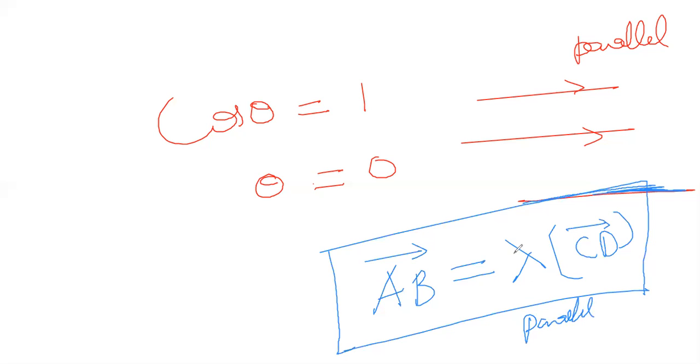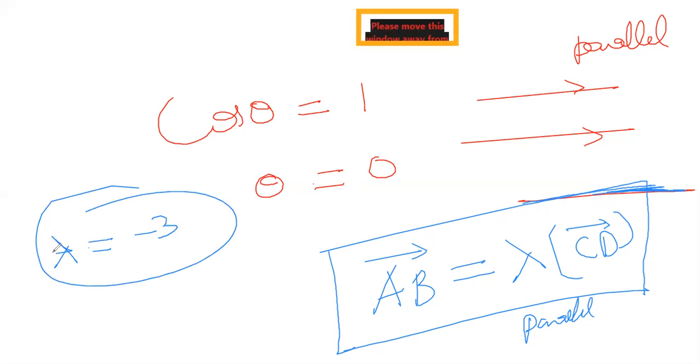And if lambda equals 1, they are said to be coincident lines. But since this lambda is not equal to 1, is it or not? Here, what is the value of lambda in this situation? -3. So they are parallel lines making an angle of 0 degrees with each other. Is this understood? So our option is B. Understood? Clear? Yes, sir.